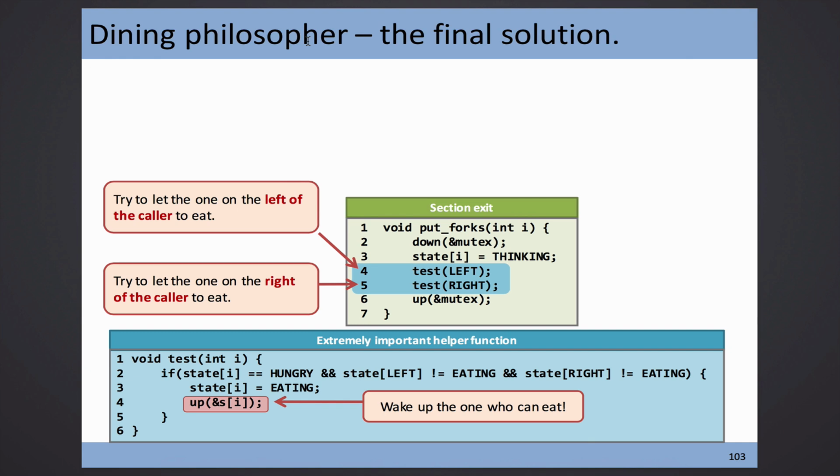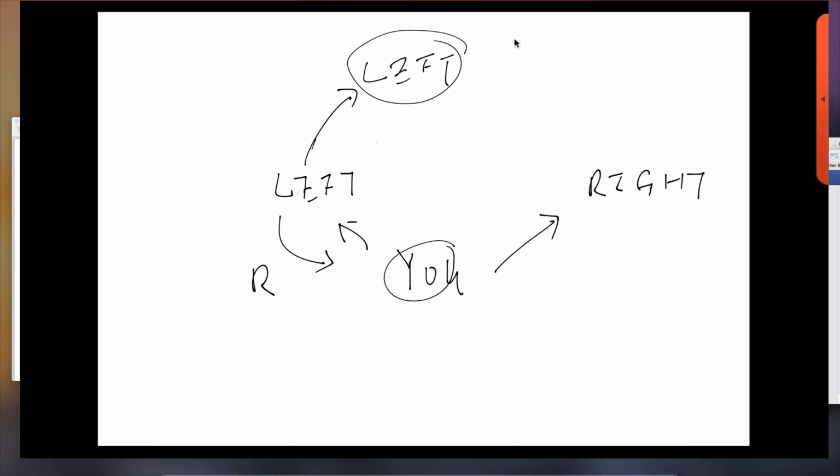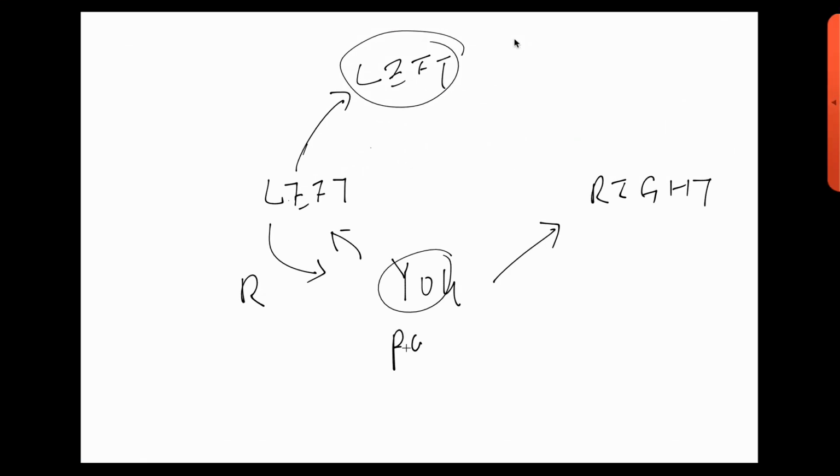If you pass this check, the left and the left's right allow you to go ahead. You will up the semaphore of the left guy. So what is the meaning? The meaning is you actually put down a fork and enable this guy to eat.